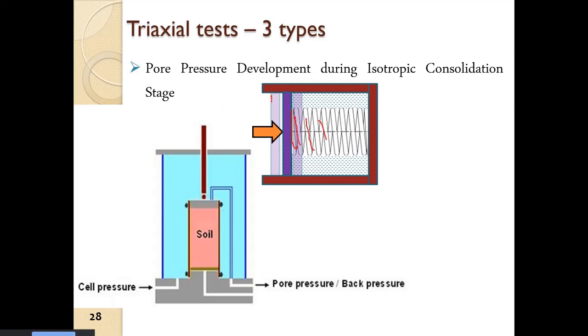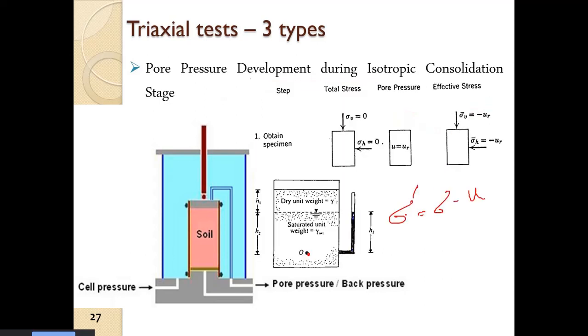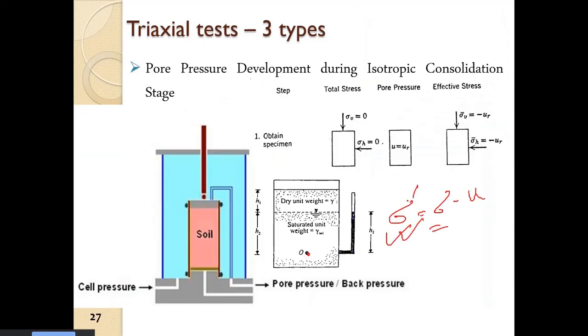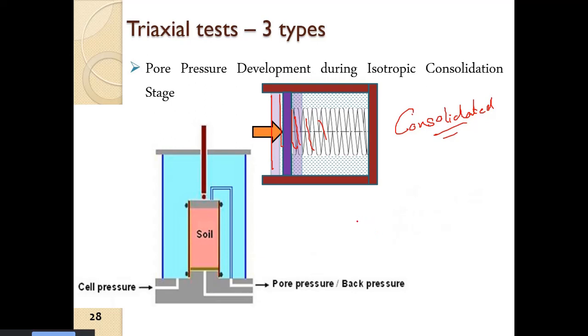It was in this state, so it has already been consolidated, in this effective stress state. So to understand this behavior, what we first have to understand is that the soil is not always behaving.